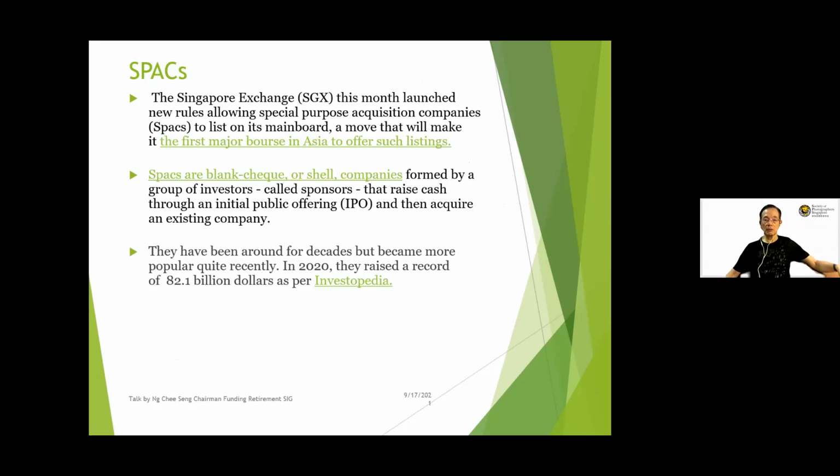So that gives an overview of how the SPAC structure works, and how important the management team is in the SPAC.